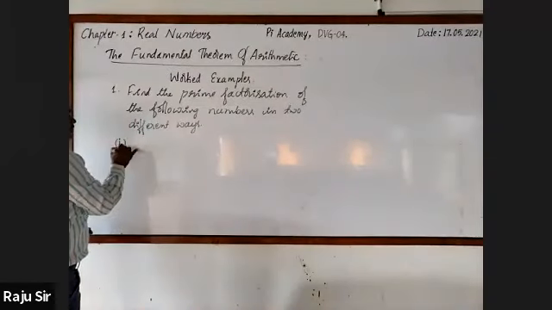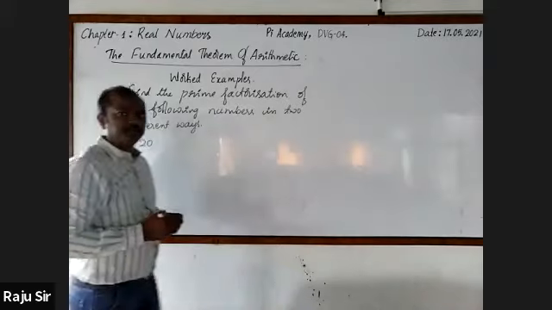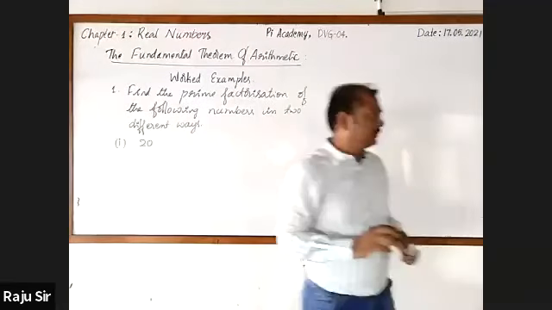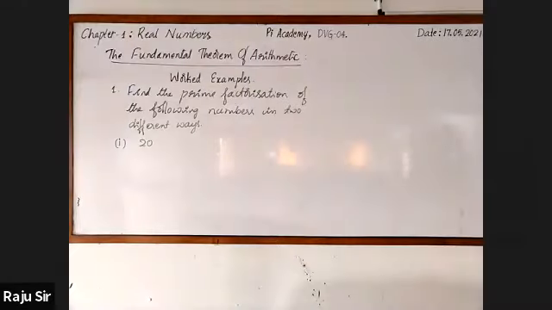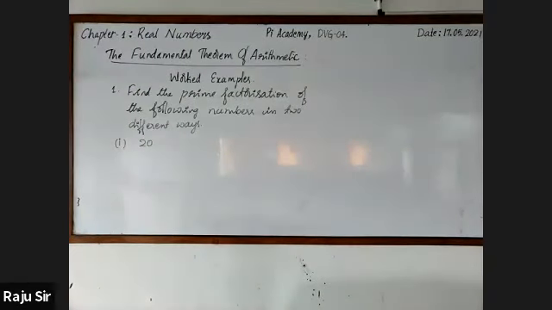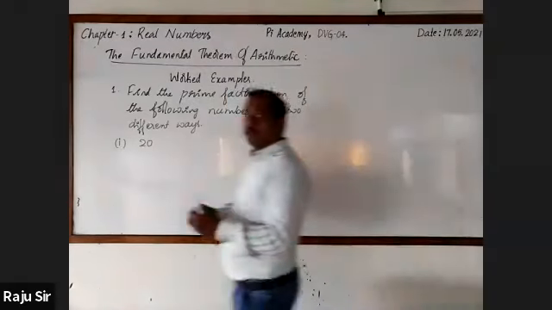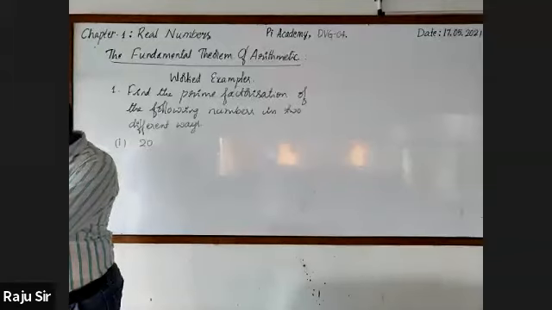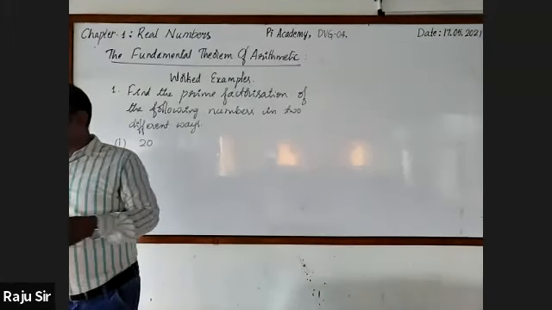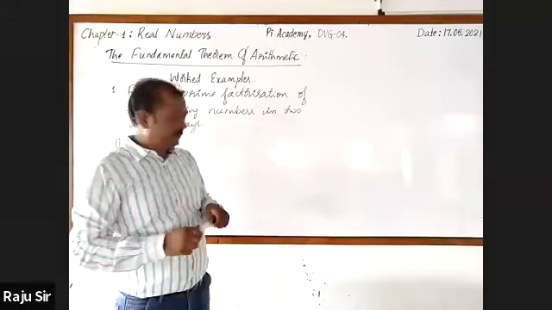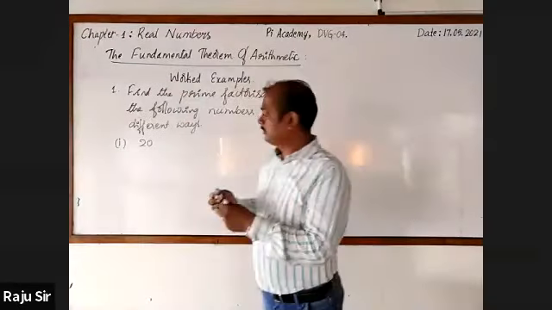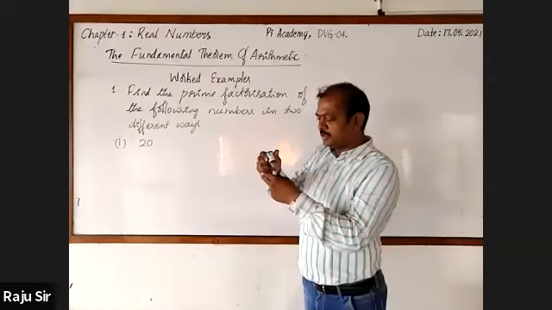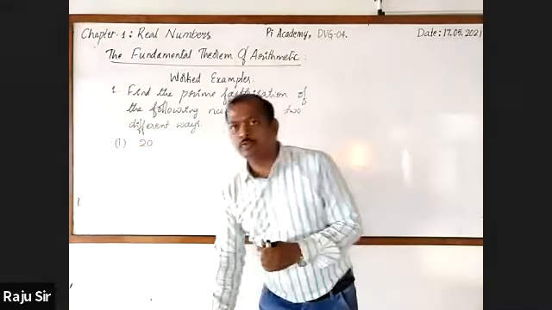First one, take that one only, 20. Just go for finding. Just keep writing that down. Find the prime factorization of 20 in two different ways. I've taken a very simple number.